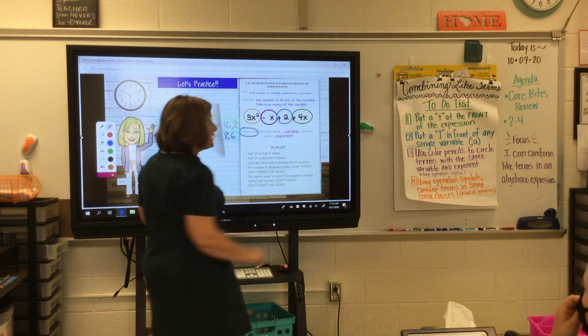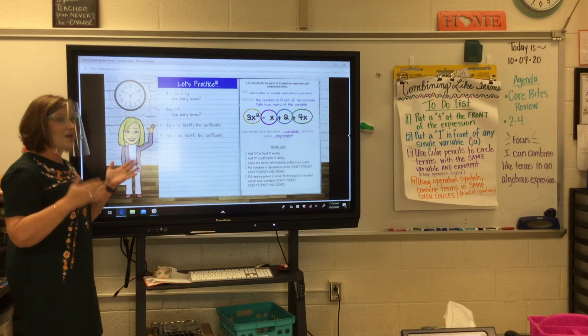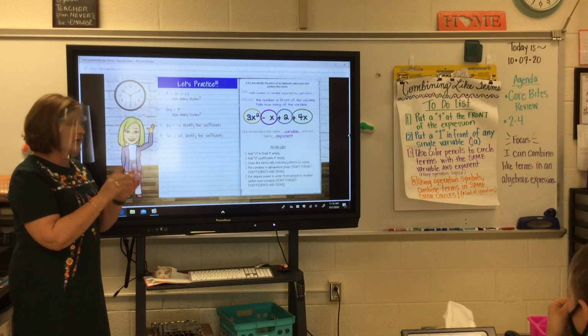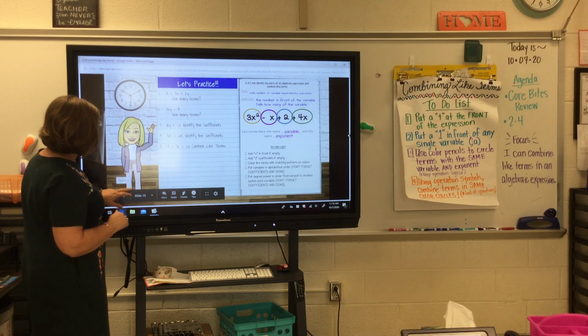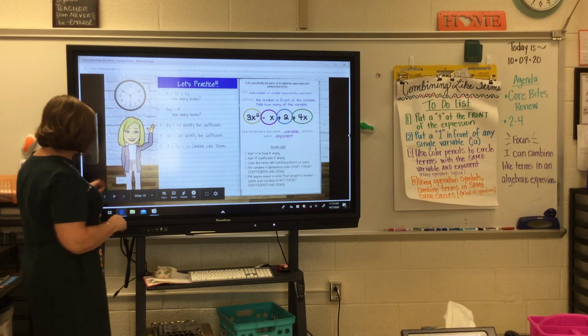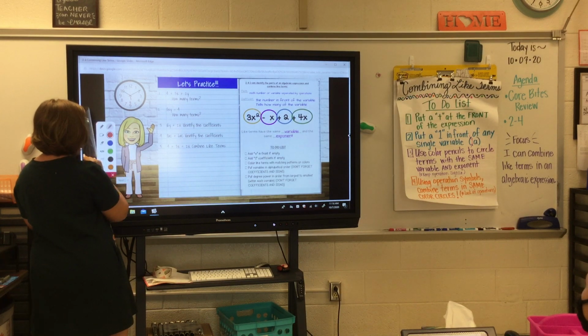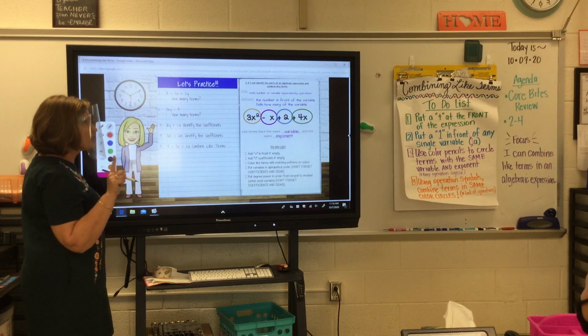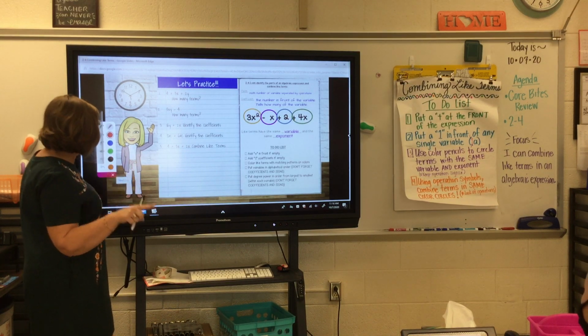I've got some steps up here on my poster, and we are going to use these steps every time, okay, just like we did with the tables. So, I want you to copy this one in your journal. Let me change that. 4 plus 3x plus 2x.